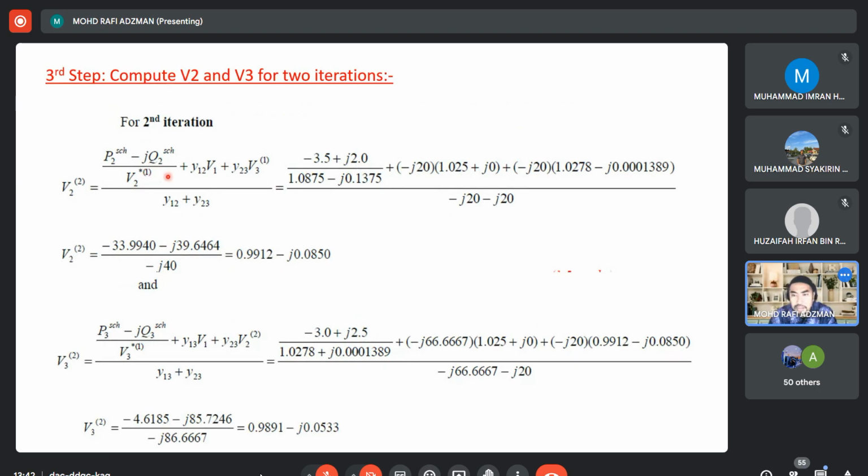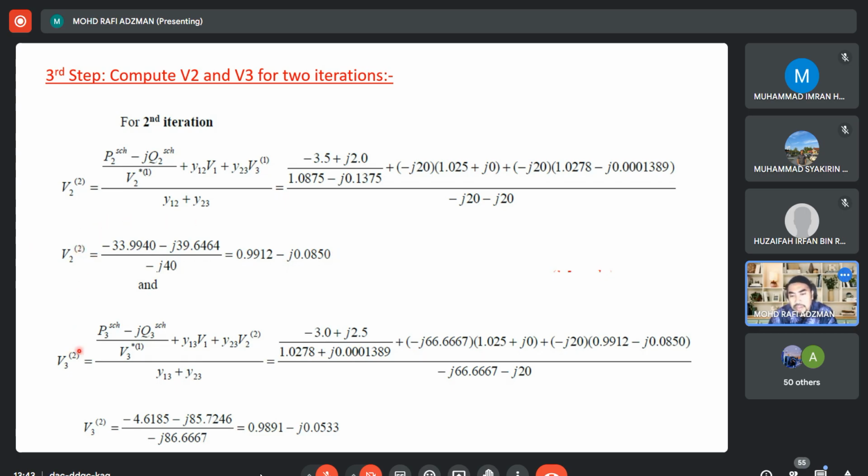Put it here, plus Y12 times V1 plus Y23 times V3 first iteration value, divided by Y12 plus Y23. Okay, so finally you find that V22 is equal to 0.9912 minus J0.0850. Done for V2 second iterations.